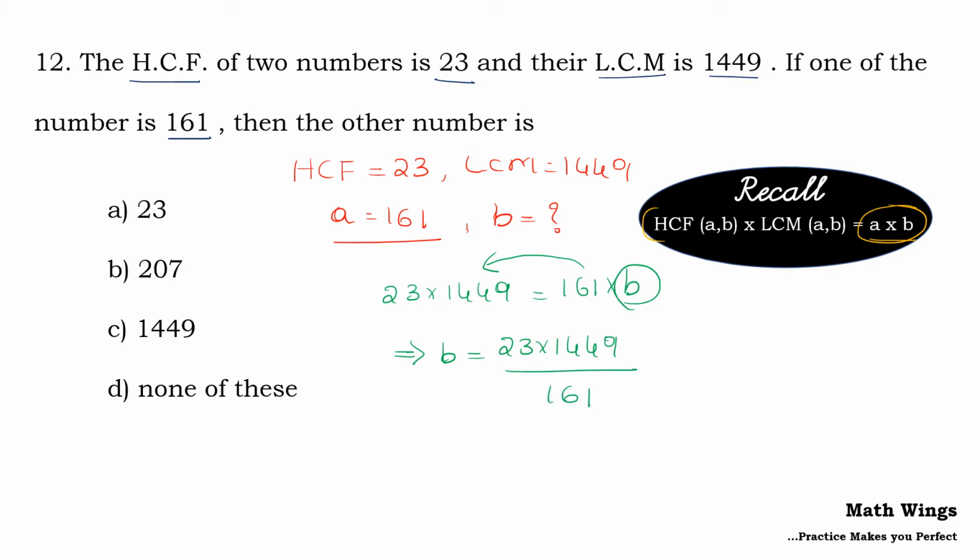Let us see if we can cancel them. 7 ones are 7, 7 twos are 14, and so on. Dividing, 207 into 1 is equal to 207. So this implies that the other number is 207. Therefore the answer is B, 207.